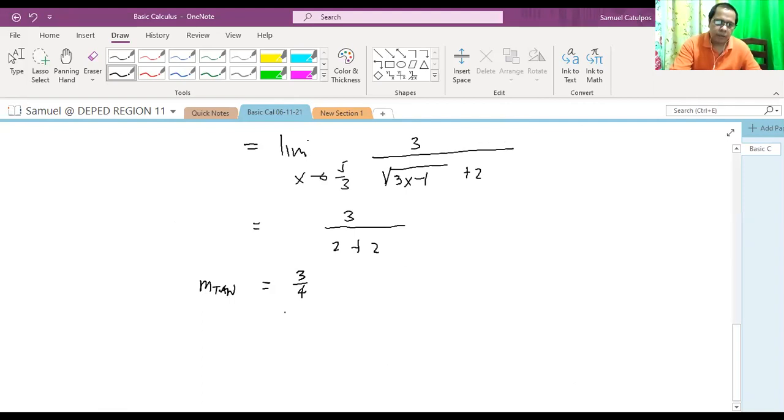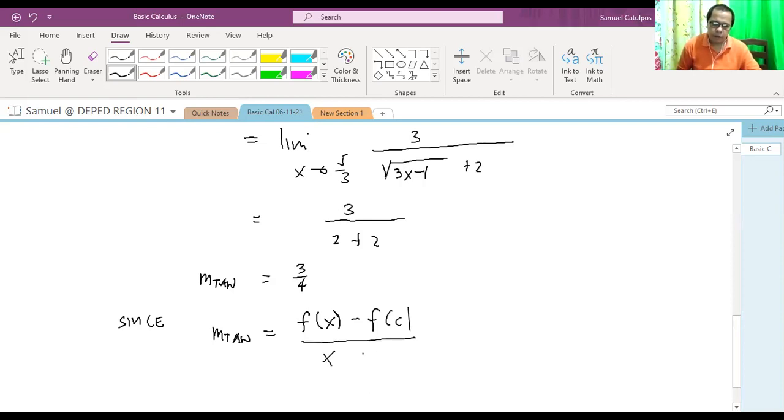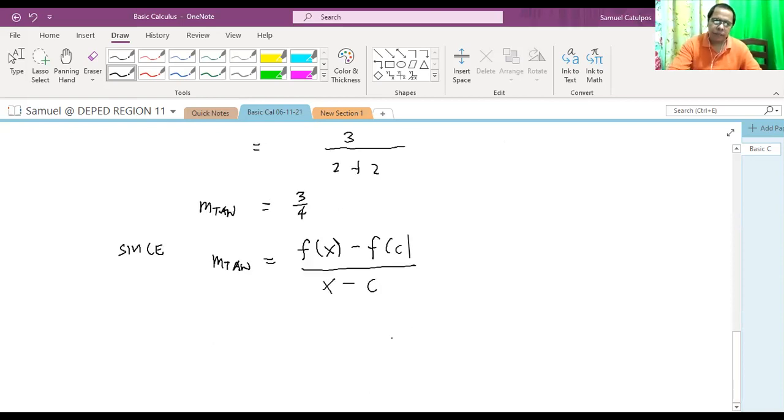Para dili mo malibog, sulat sila na itong equation ha. Sige, so m tan is equal to function of x minus function of c over x minus c, no?